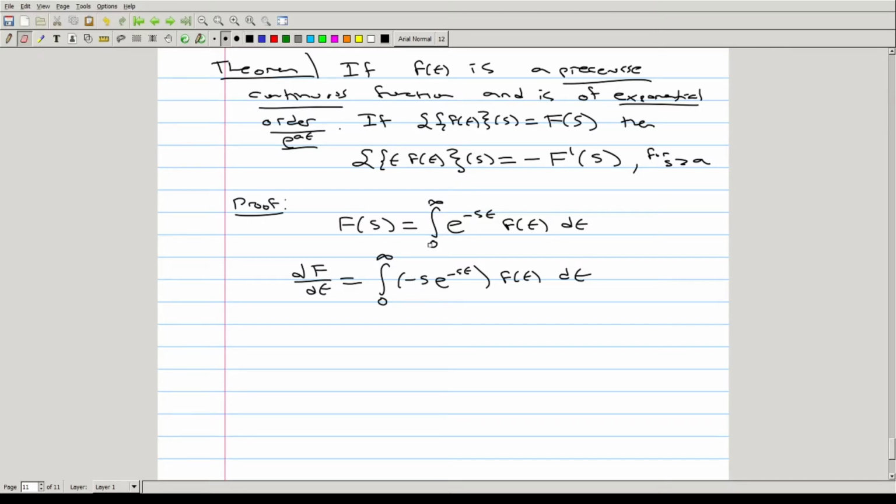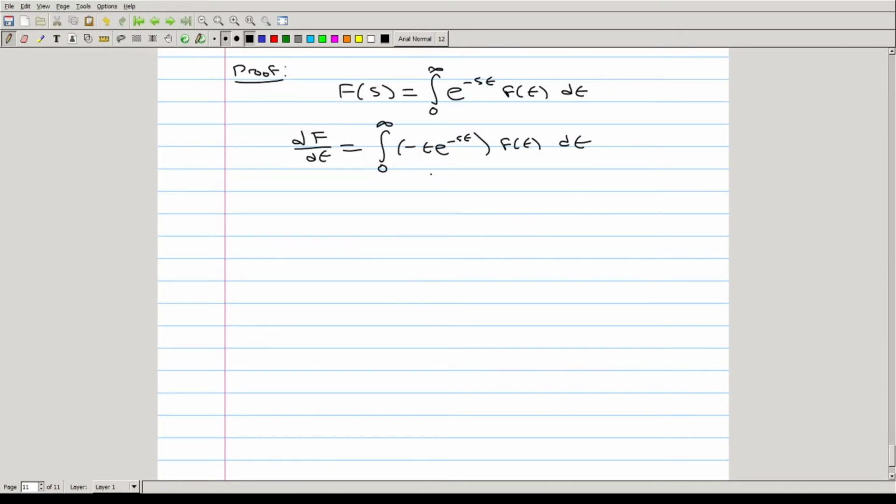Sorry, negative t here, because this is the s derivative. Which is the same thing as negative the integral from 0 to infinity of e to the negative st times t f of t, which is negative the Laplace transform of t times f of t.